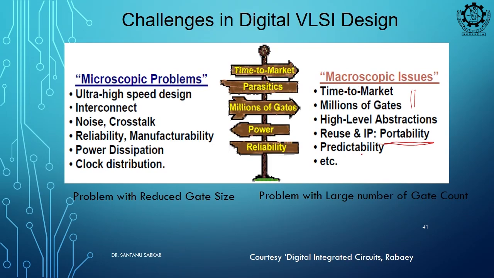So, on the large scale, or from a broader point of view, you have several challenges, and on the smaller level, because you are at the microscopic level, you also have several challenges. In the microscopic case, our problem is because of the reduced size, and in the macroscopic case our problem is because of the large number of transistors.